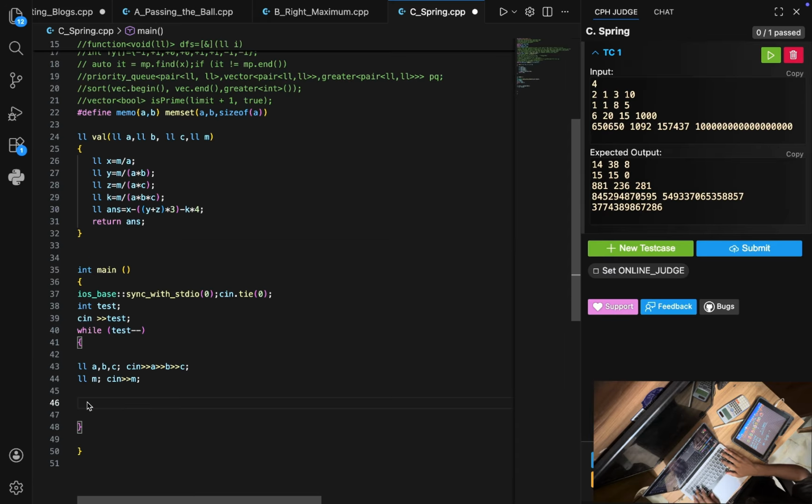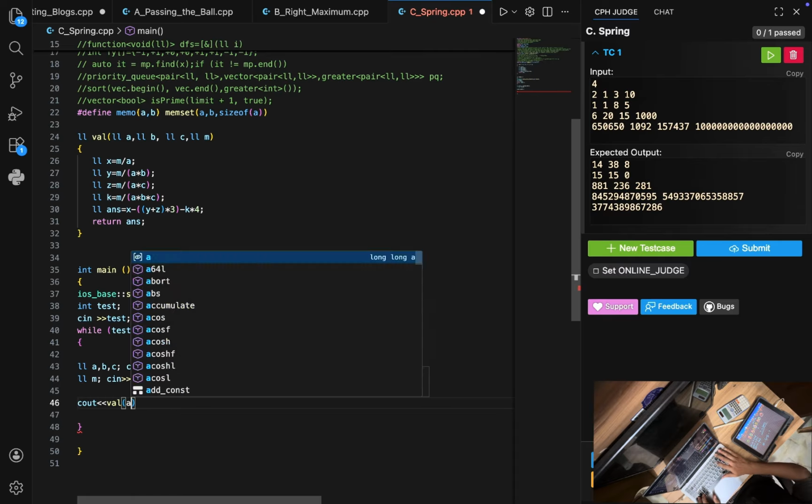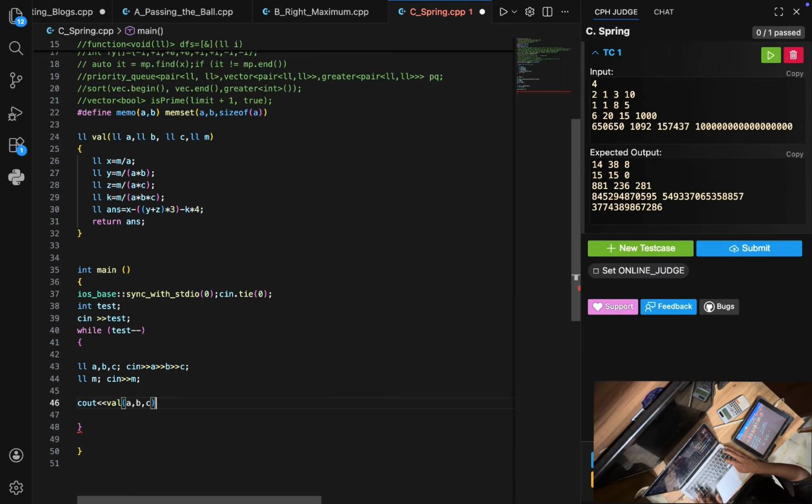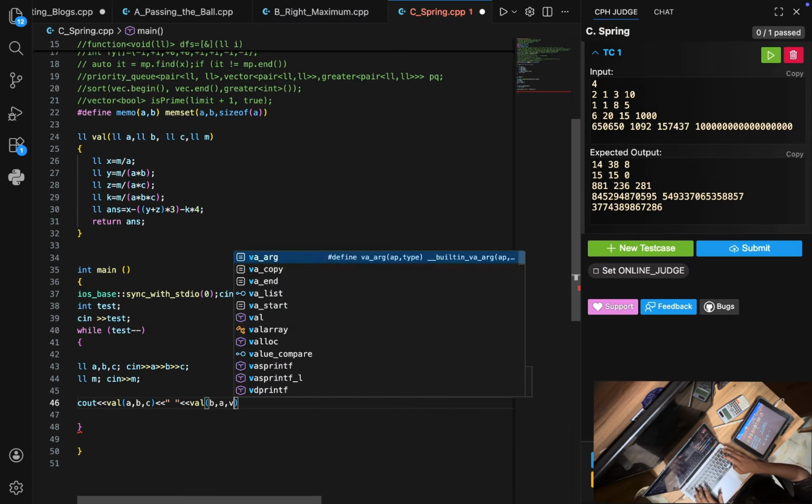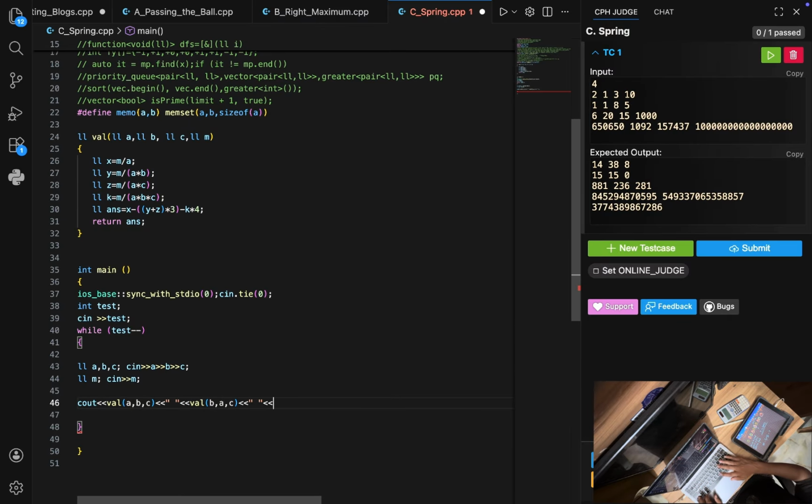Let's see. Cout val a comma b comma c, space val b comma a c, space val c comma ab.